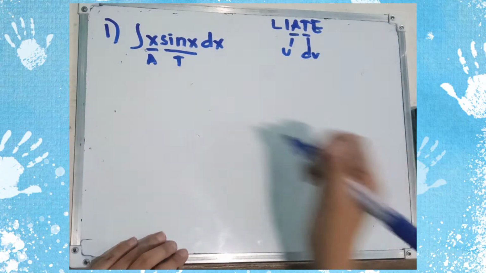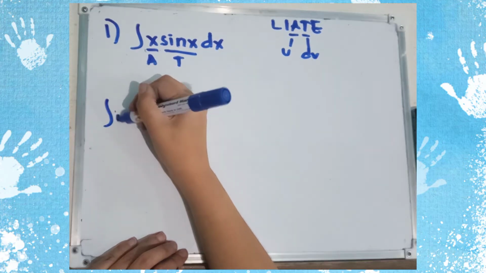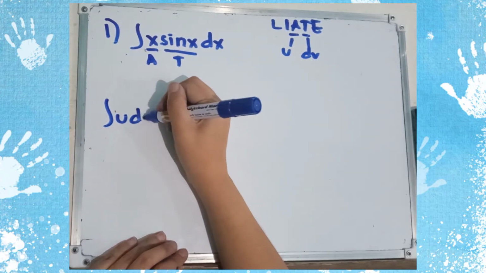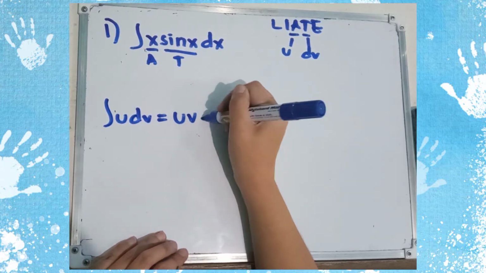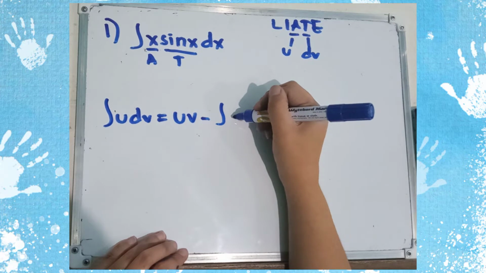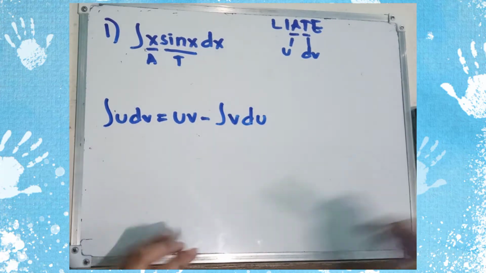Going back to our formula, the integral of u dv is equal to uv minus the integral of v du.